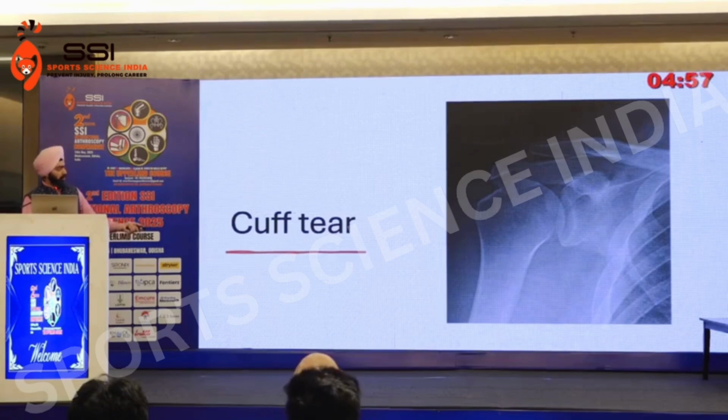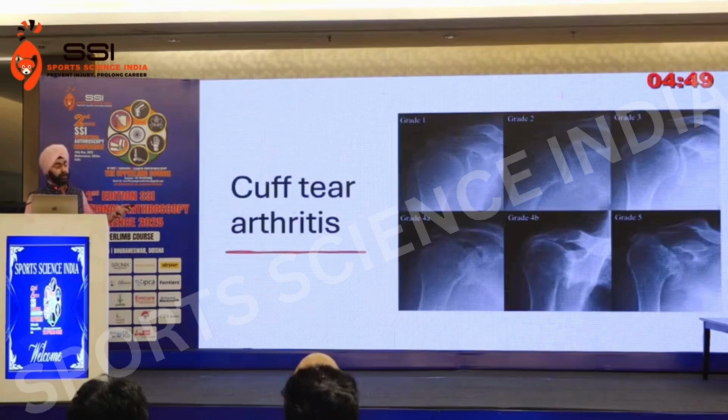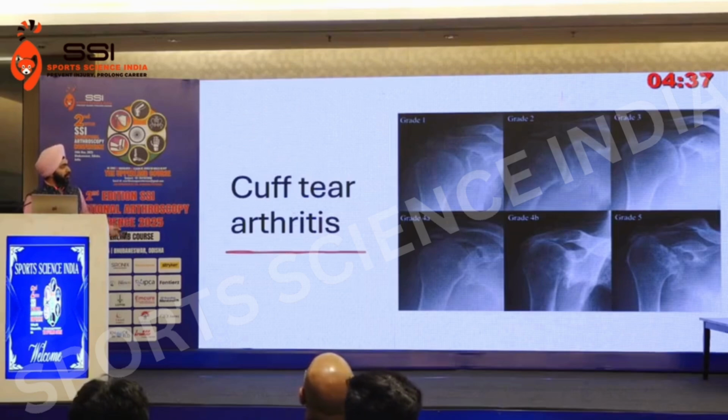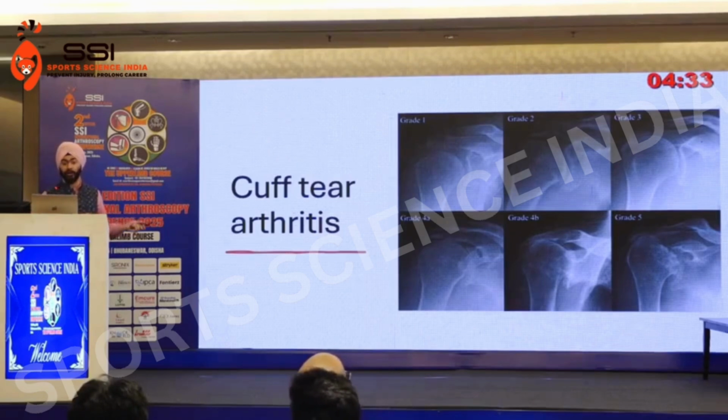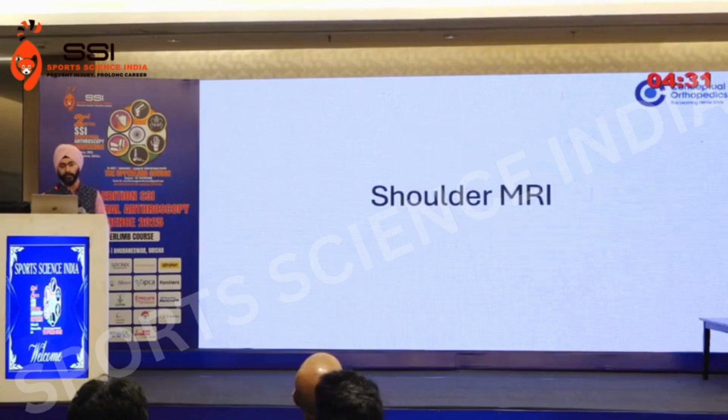This is a sign of proximal migration of the humeral head, which can give you an idea that there's a cuff tear, so it needs further imaging. Or you can have signs of cuff tear arthritis. You go through the Hamada classification and classify what grade of arthritis or cuff tear arthropathy it is, depending upon the X-ray signs. Usually we do an AP view and do the Hamada classification on this.